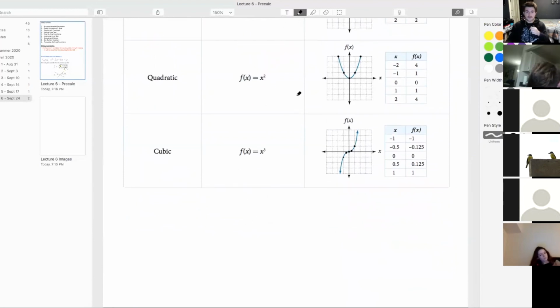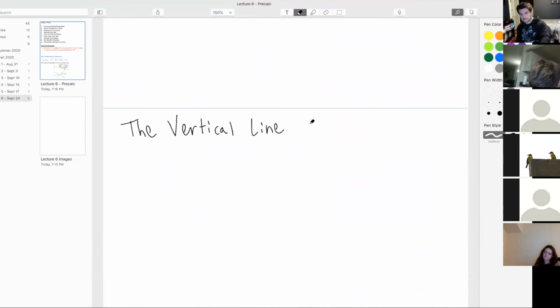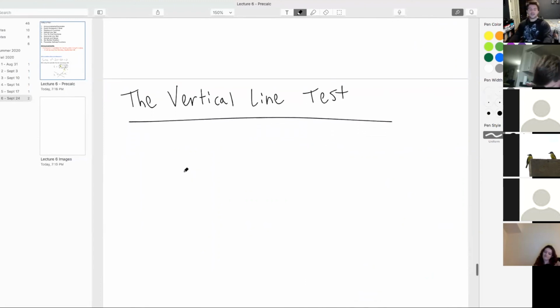All right, good. So now let me get to the vertical line test. The vertical line test. Okay, so what is this?